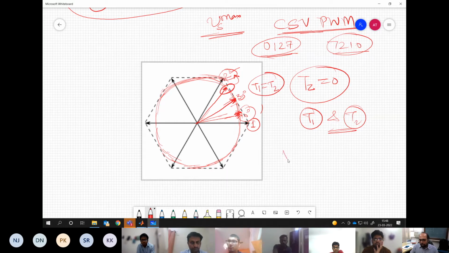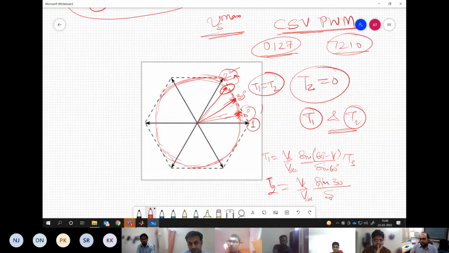Fine. That's the expression we have seen, right? T1 equals Vs by VDC sine(60 minus gamma) by sine 60 times Ts. And the other one is T2 equals Vs by VDC sine gamma by sine 60 times Ts. So these two are going to be equal for gamma equals 30 degree. Any doubt in this?